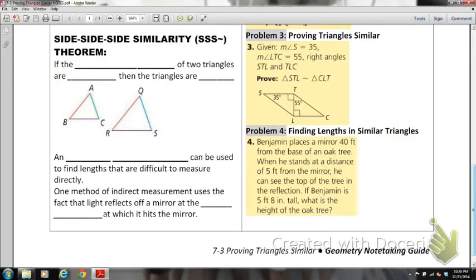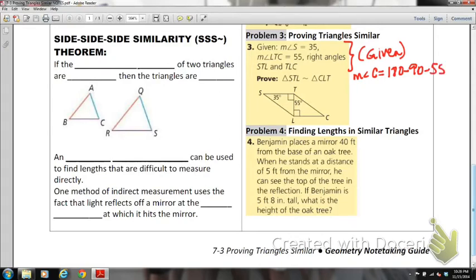So, first statement is all of your given information. So all of your given information would be your first statement. And then let's find the measure of angle C and see if it is equal or not to the measure of angle S. So measure of angle C is going to be 180 minus the 90 degree angle and then minus the 55 degree angle.